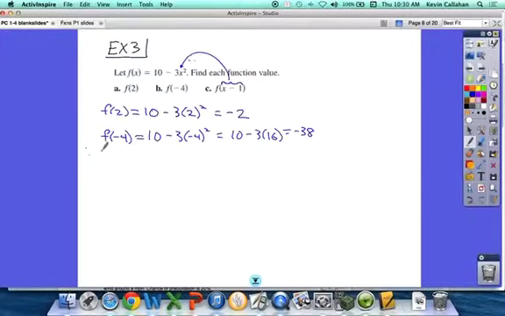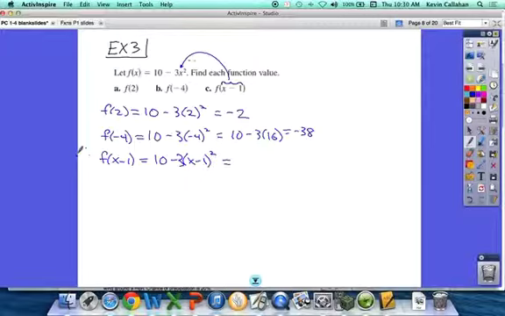So it'll be f of x minus 1 equals 10 minus 3 times x minus 1 squared. So it doesn't matter that the thing we're plugging in has also got an x in it. Just take that whole thing and put it in place.